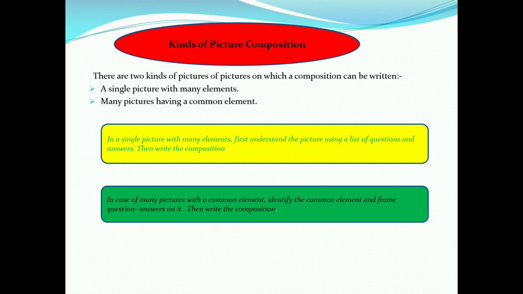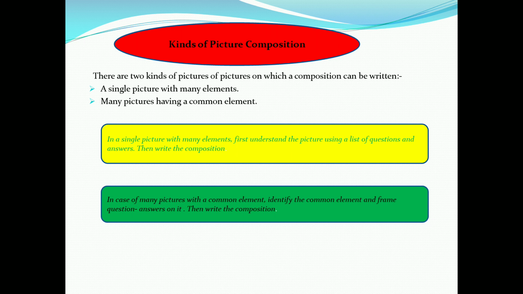There are two kinds of pictures on which a composition can be written. The first one is a single picture with many elements. The second one is many pictures having a common element. Let's take the first one.